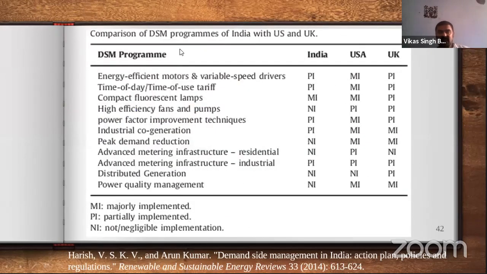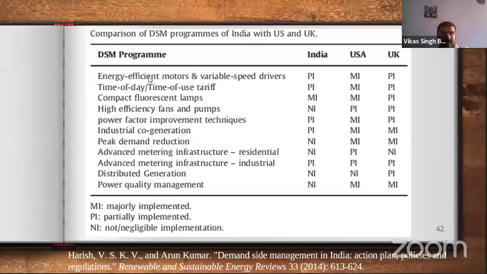Now the DSM programs running in India, USA, and the UK. This is the comparison. Then MI means majorly implemented, PI means partially implemented, and NI means not implemented.